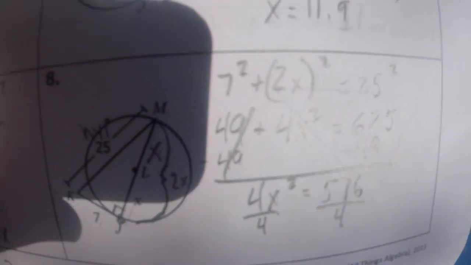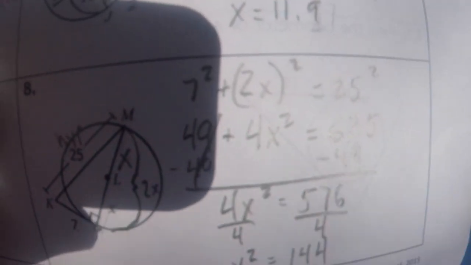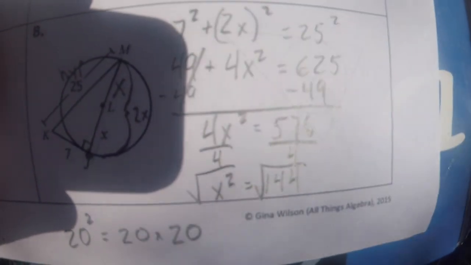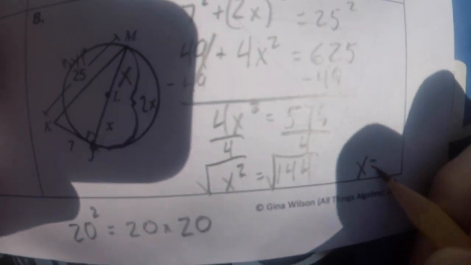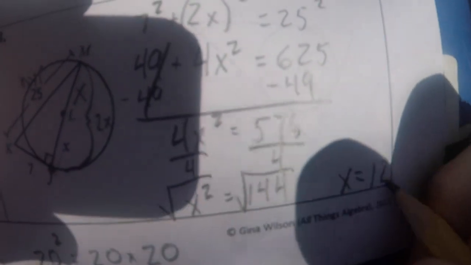I have to divide out the 4 first, because of order of operations: when you're undoing the operations, you go backwards, so we do the exponent last. So x squared equals 576 divided by 4, which is 144. Taking the square root of both sides, the square root of x squared is x, and the square root of 144, I believe, is 12.